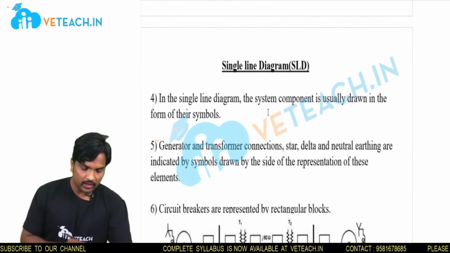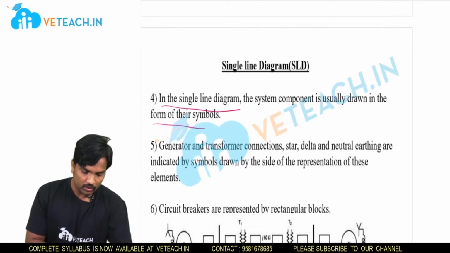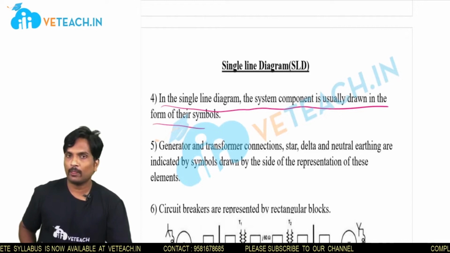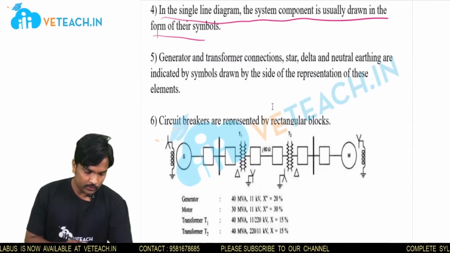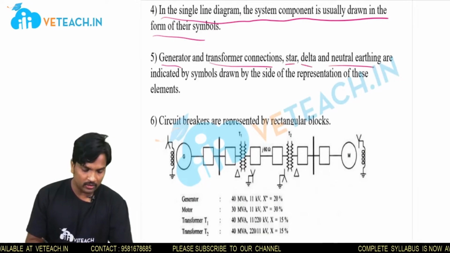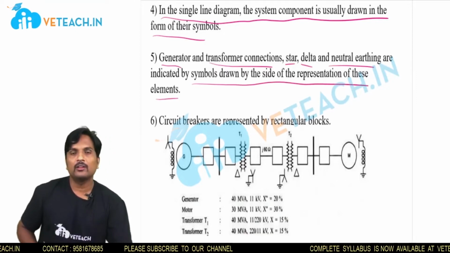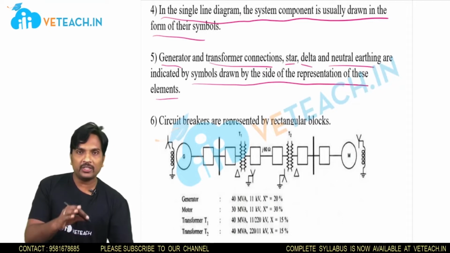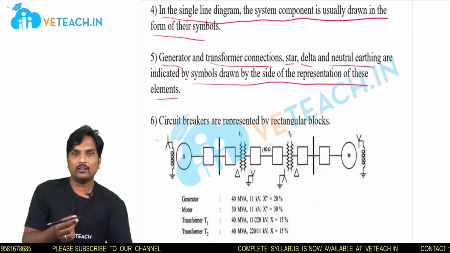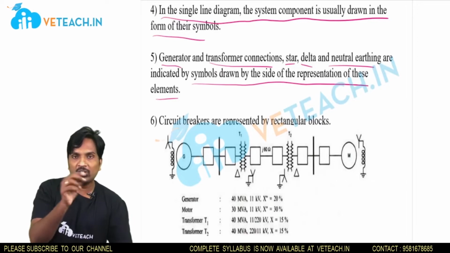In the single line diagram, the system components are usually drawn in the form of their symbols. Generator, transformer connections, star, delta and neutral earthing are indicated by symbols drawn by the side of the representation of these elements. If you have a generator, and it is star connection or delta connection, those connections are represented beside those elements.